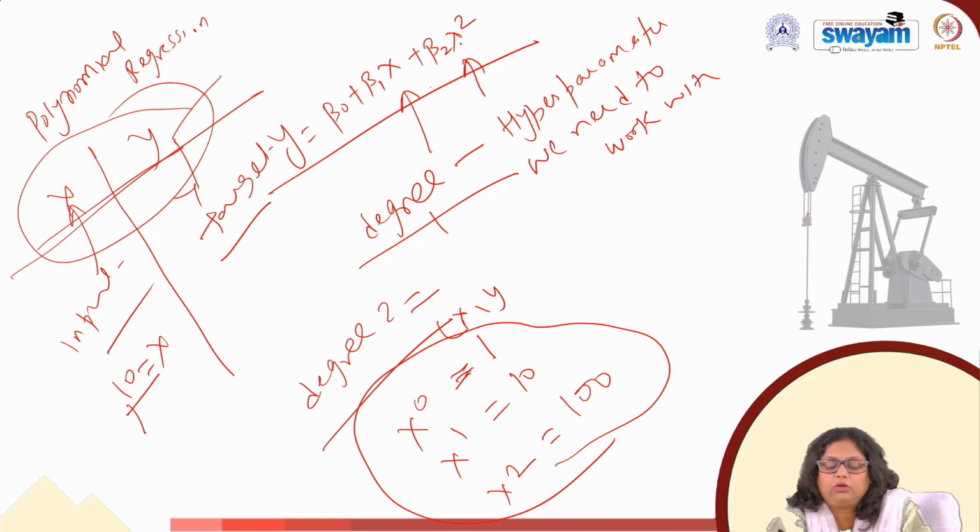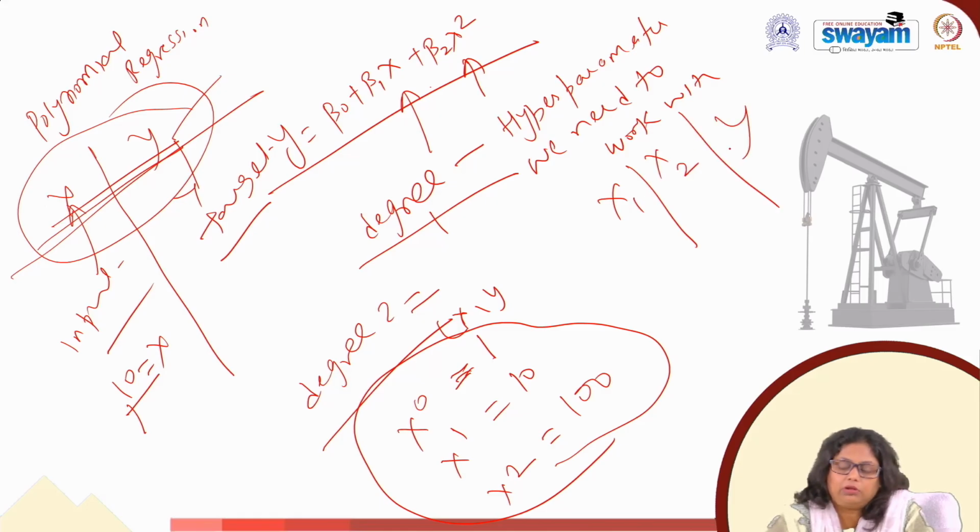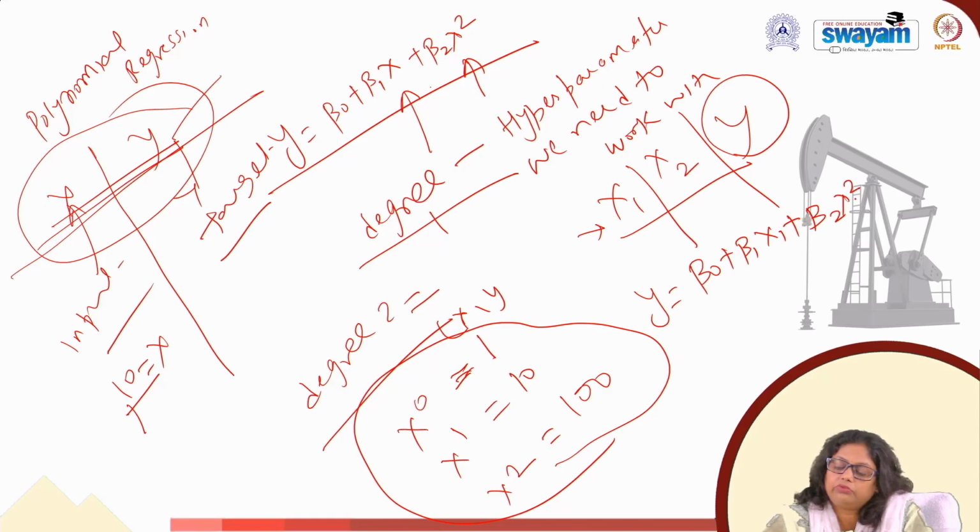So this is one thing. If I have two features, x1 and x2, the target y is still only one. The degree is applied only on the x features, not on y. So with two features, y would be beta 0 plus beta 1 x1 plus beta 2 x1 square, then beta 1 x2 plus beta 2 x2 square.